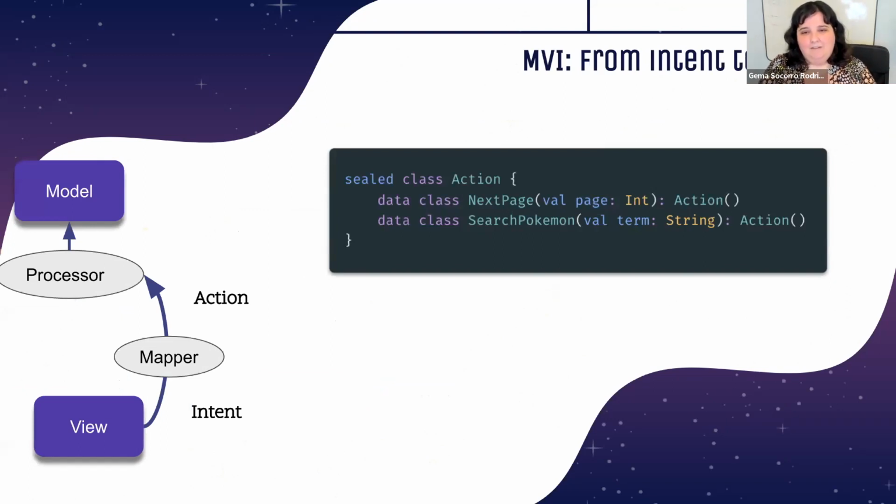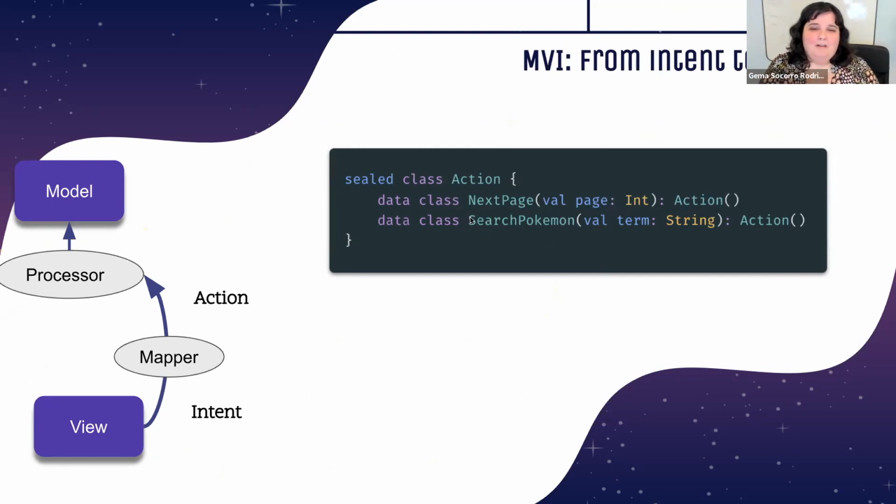In this case, for example, remember that we have 3 intents. One was load page. Another one was next page, to load the next page. In this case, we are going to map both to the next page action. And the only difference is that the load page, the first page, is going to put 0 in this page indication, in this parameter.